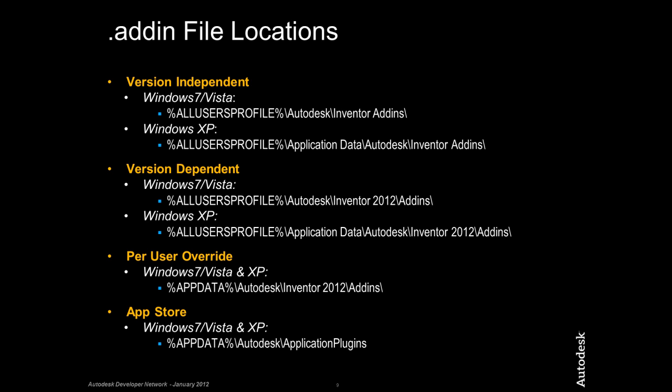We have also a per user override that allows us to load some specific settings depending on which user is running Inventor. And the fourth location has been created for loading application plugins for various Autodesk applications installed from the App Store.